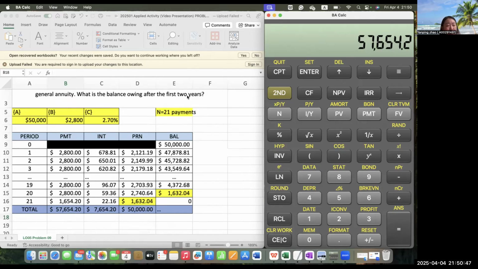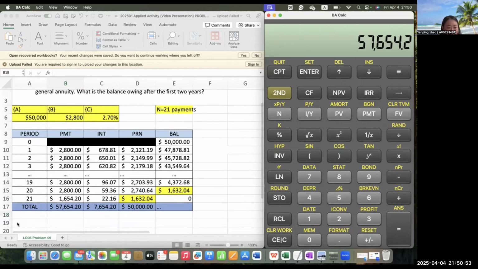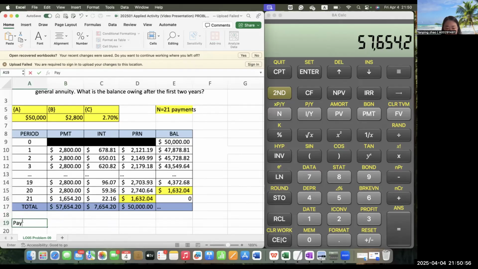As we know, payments are semi-annual, which means two payments per year, so four payments in the first 2 years.